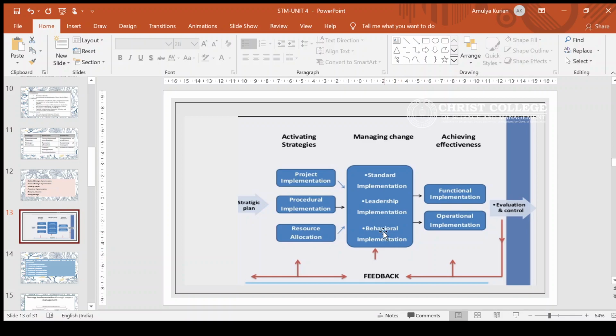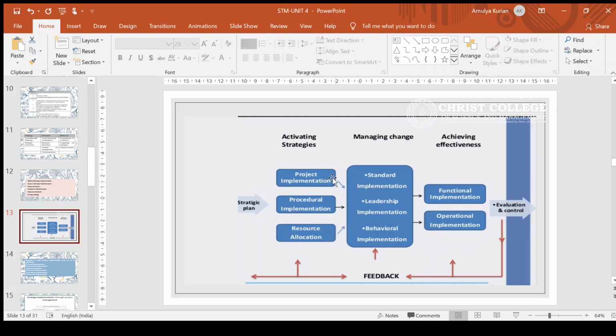All those things will have an influence on strategic implementation, and that is covered under this one. And the last one is functional implementation. That is how you are communicating to the lower level management or departments for the efficient working of the strategies which are already planned. And the last one is evaluation and control.